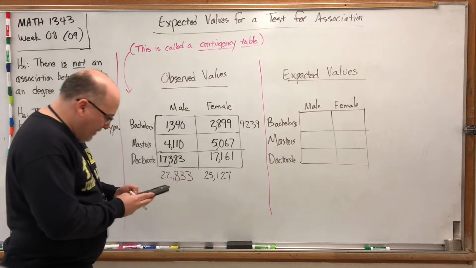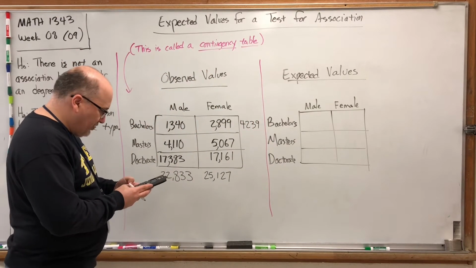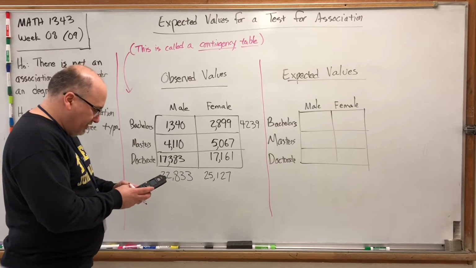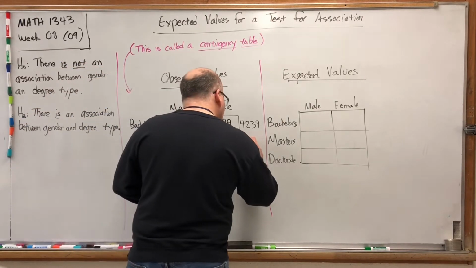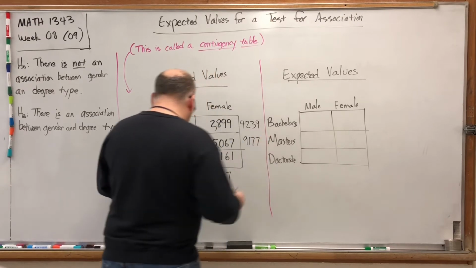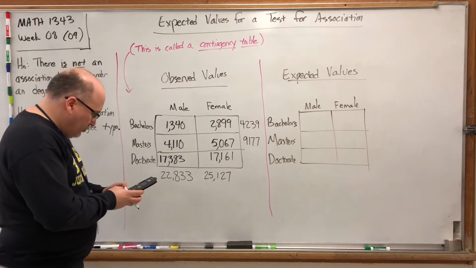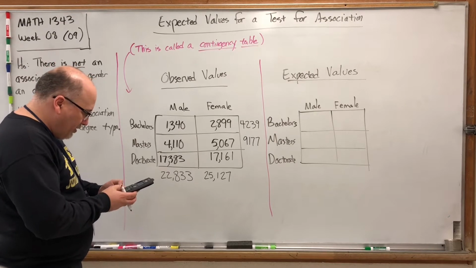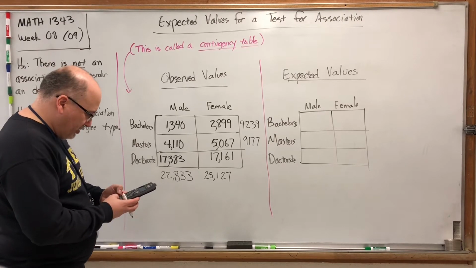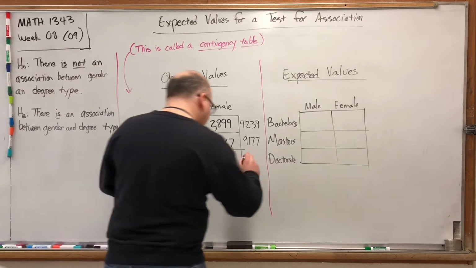The total number of master's degree recipients was 4,110 plus 5,067, which is 9,177. And the total number of doctoral degree recipients is 17,383 plus 17,161, which is 34,544.